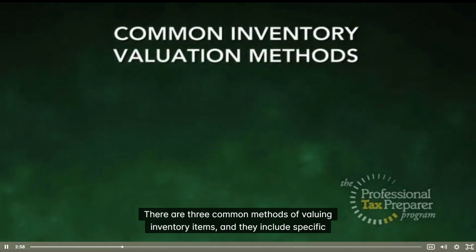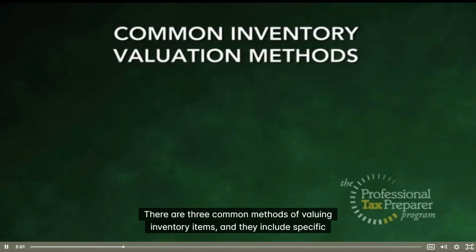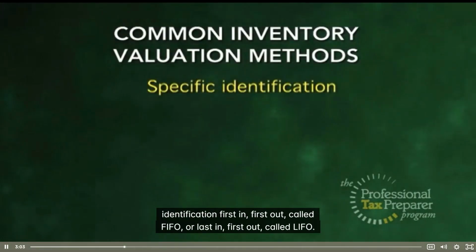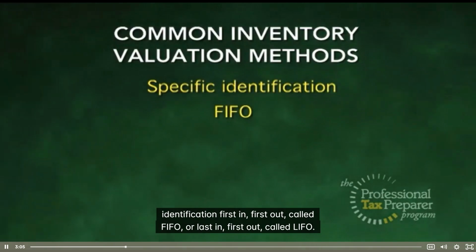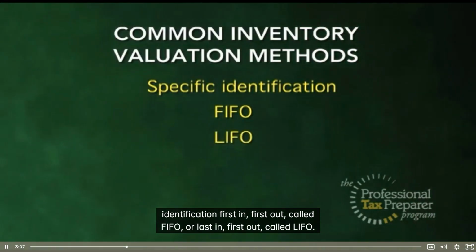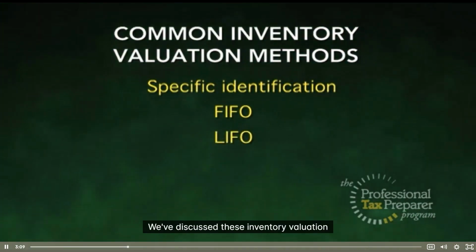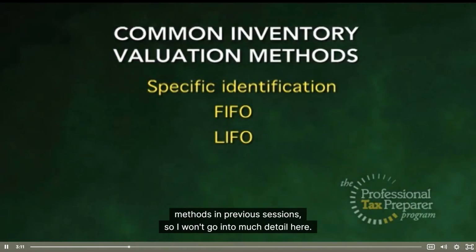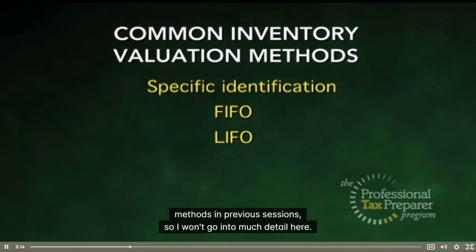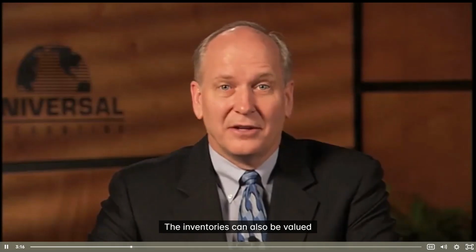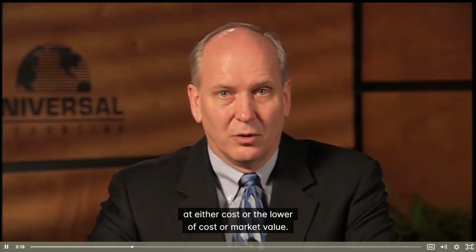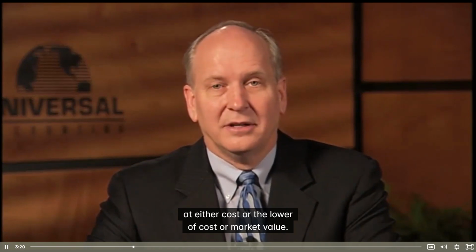There are 3 common methods of valuing inventory items, and they include specific identification, first in, first out, called FIFO, or last in, first out, called LIFO. We've discussed these inventory valuation methods in previous sessions, so I won't go into much detail here. The inventories can also be valued at either cost or the lower of cost or market value.